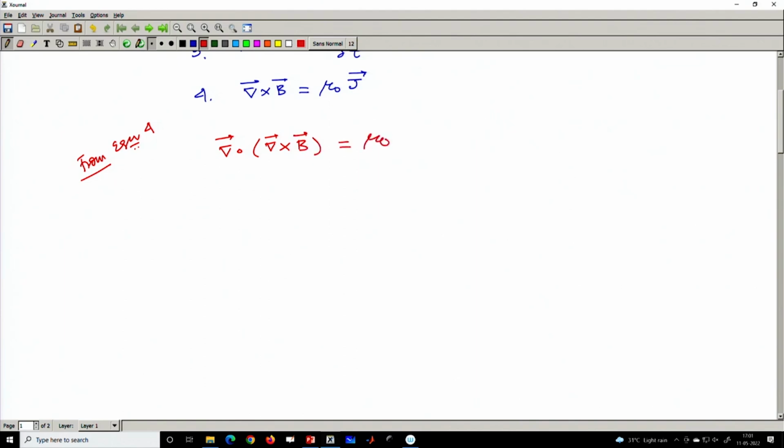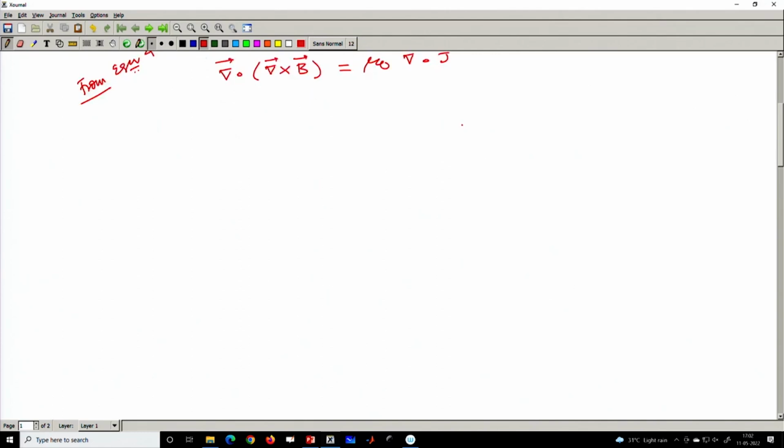Then I should have mu 0 divergence of J. Now, the left hand side is always 0, this is unconditionally 0. But this right hand side is not always 0.